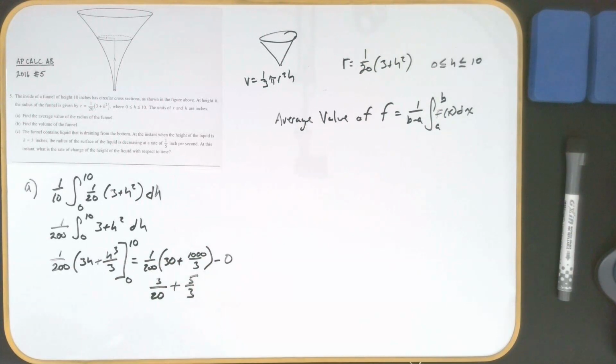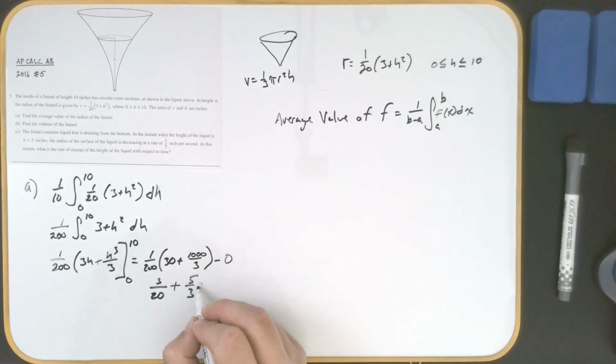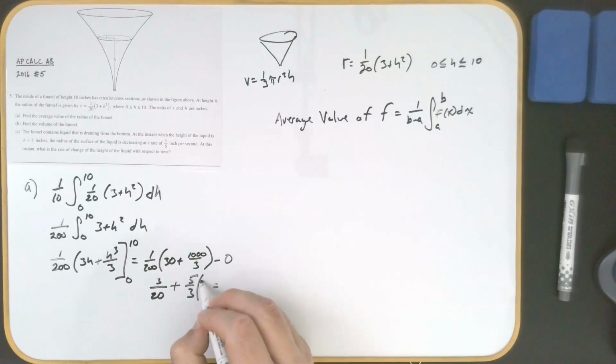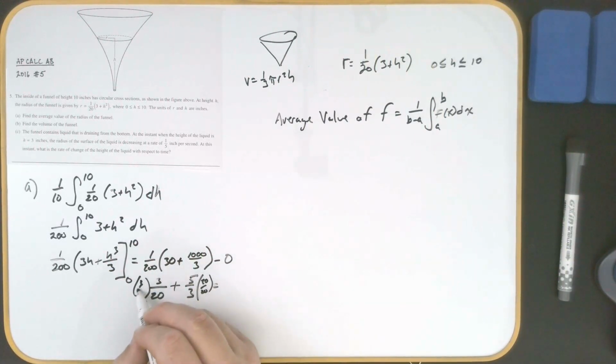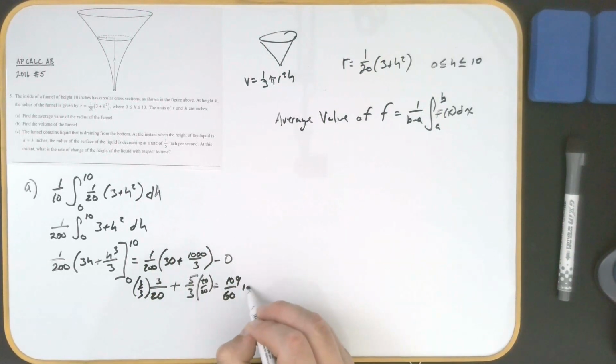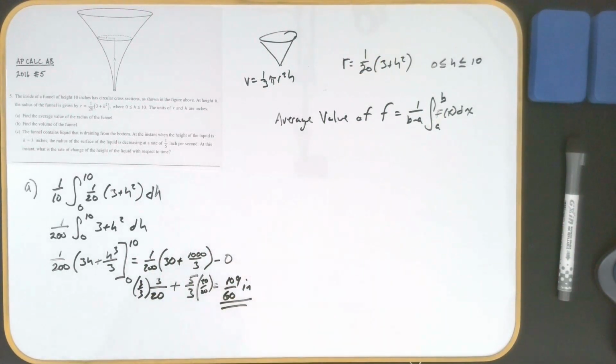And I guess we could get a common denominator of 60. All this is just extra arithmetic here. So what do we get? 20 over 20, and this becomes 3 over 3. And so we get 9 plus 100, and looks like we would get 109 over 60. And this is inches.